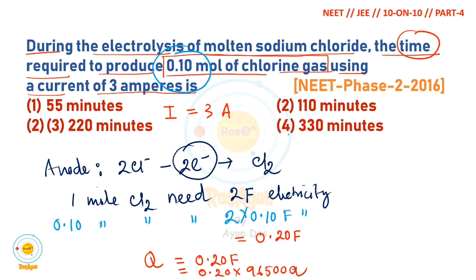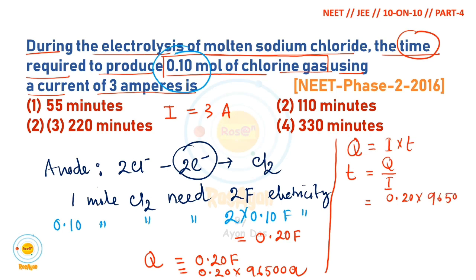Now you have to determine the T. We know the formula is Q equals I into T. Now T equals Q divided by I. That means 0.20 into 96500 divided by the value of I, which is 3 ampere.